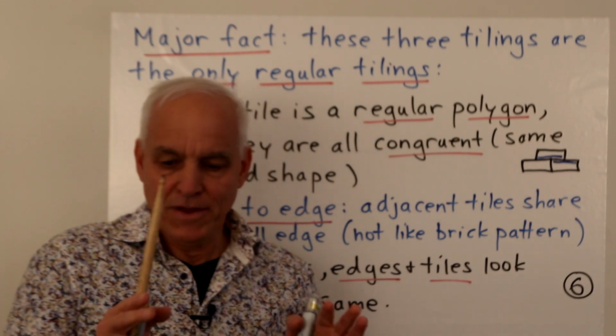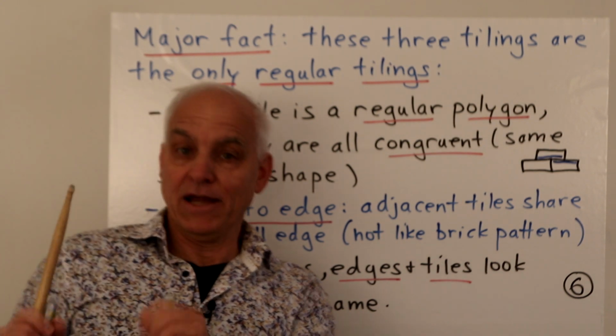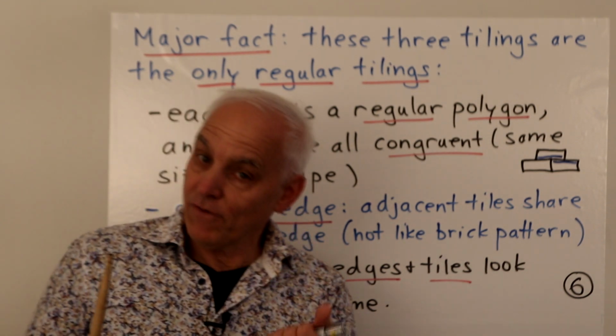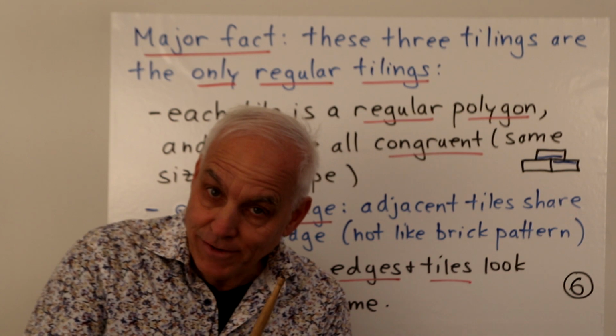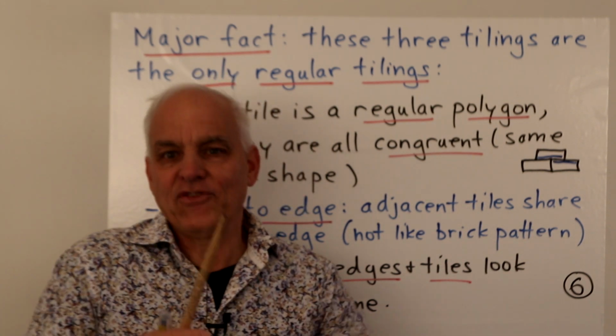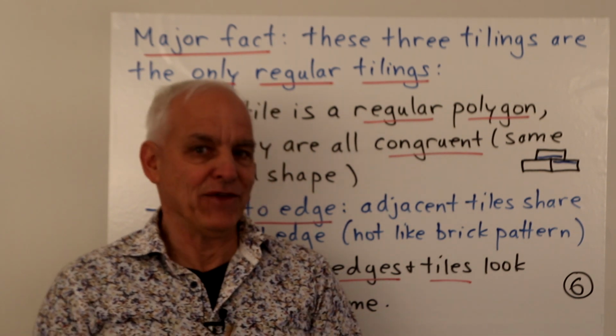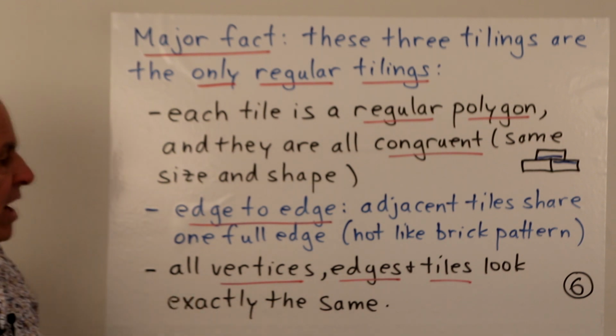So the way things look at one vertex is exactly the same as the way things look at any other vertex. And that's true not just for vertices, but also for edges and also for faces. So this is symmetrical at the level of vertices and edges and faces. It's a very strong kind of regularity.